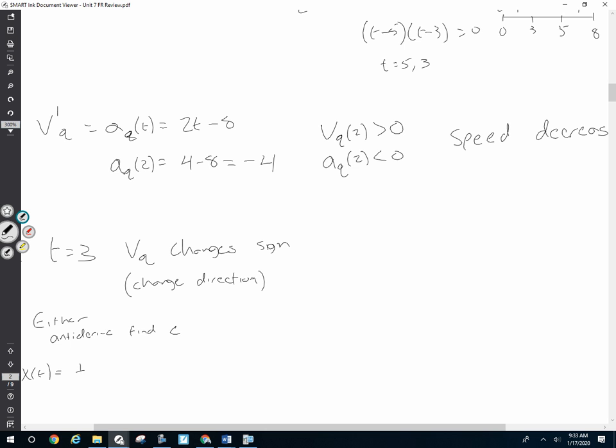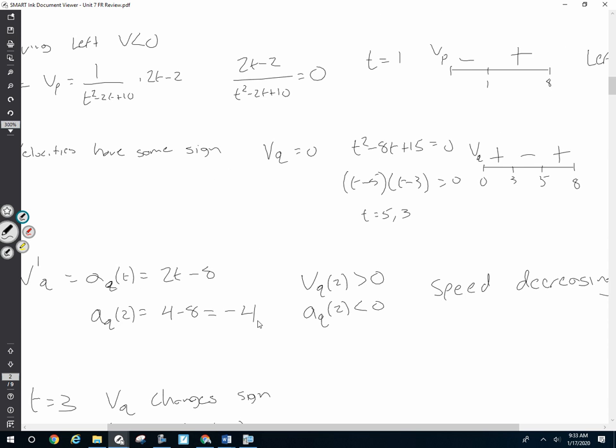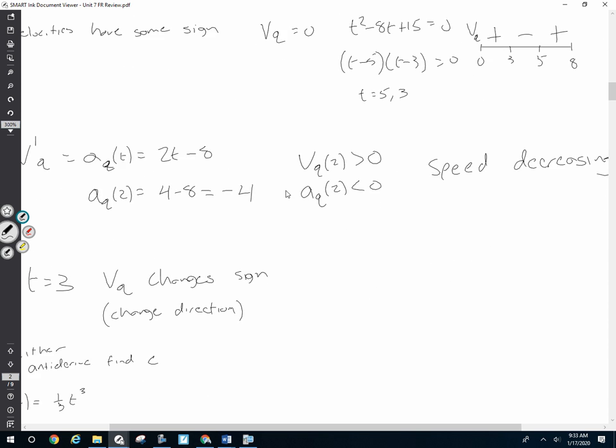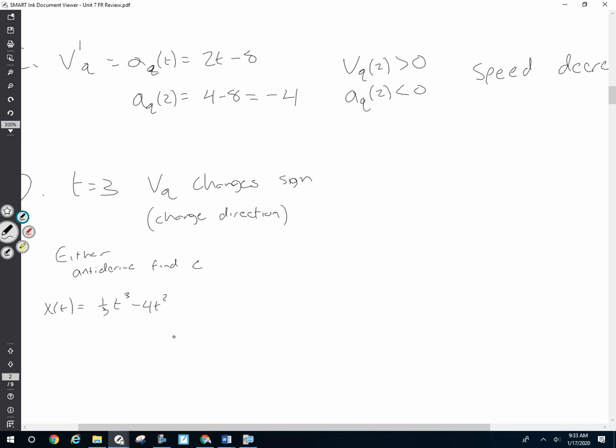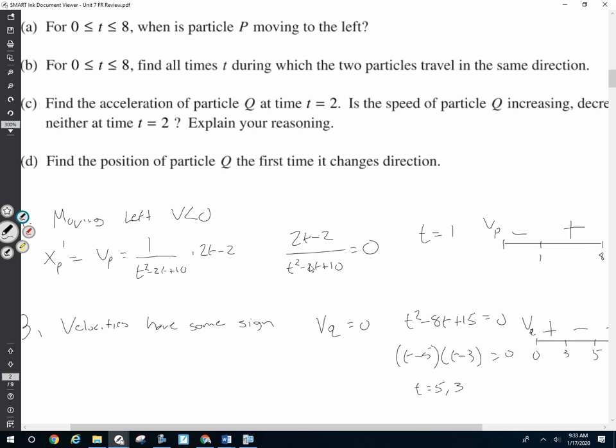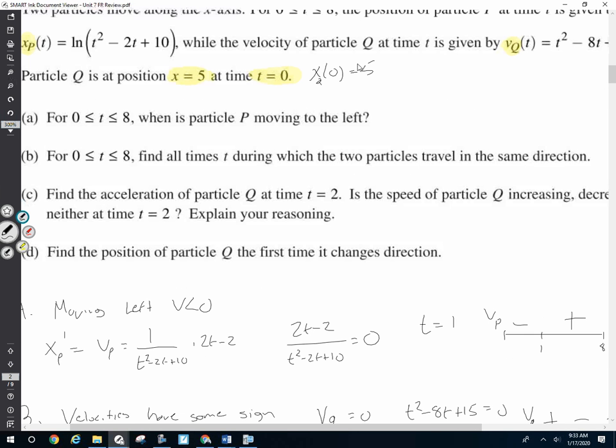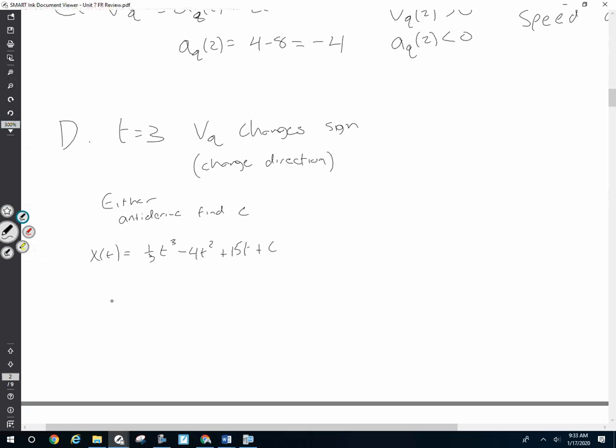So 1/3 t cubed minus 4t squared plus 15t plus c. I know x of Q of 0 is 5. So that means c is 5. So x of t is equal to 1/3 t cubed minus 4t squared plus 15t plus 5.